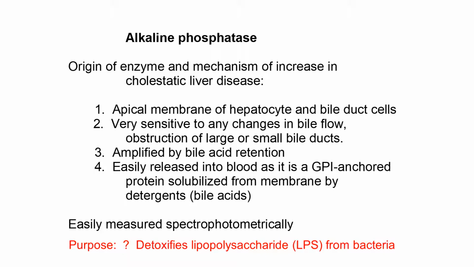And it is easily released into the blood as it is a GPI anchor solubilized by detergents, which is a characteristic of your bile acid. And we can also take note that your alkaline phos is easily measured spectrophotometrically, just like other substances in the liver.